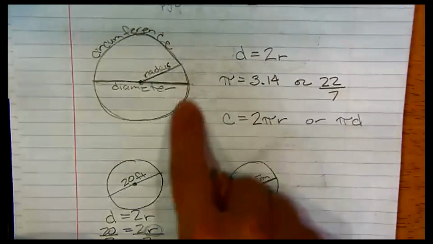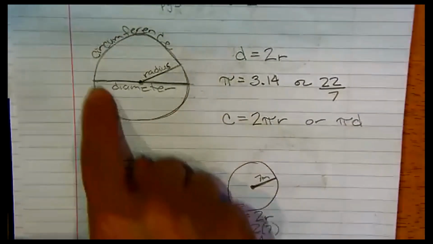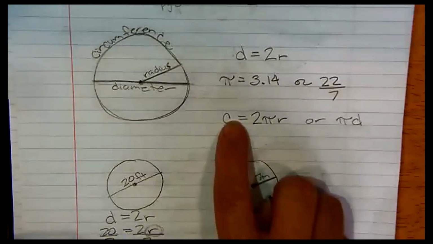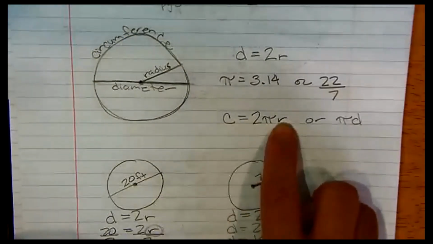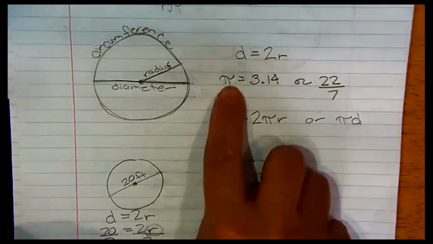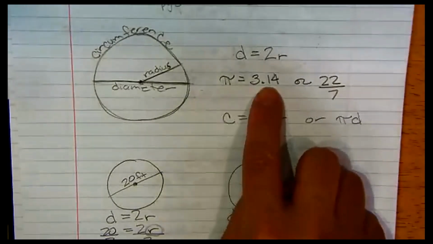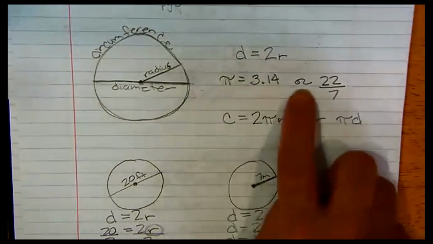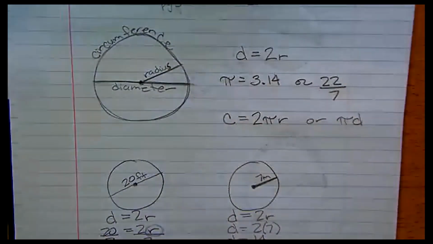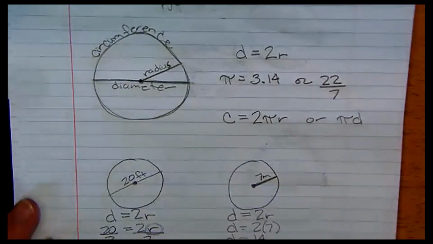The outside edge of the circle is called the circumference. The circumference is equal to 2 pi radius or pi times diameter. We need to remember that pi can be used as a decimal, 3.14, or as a fraction, 22/7. You can use whichever you are most comfortable with.